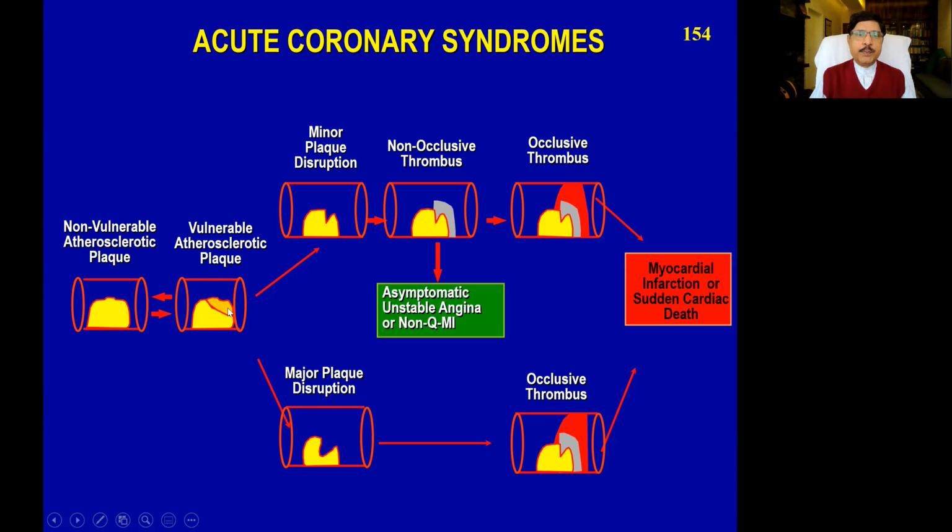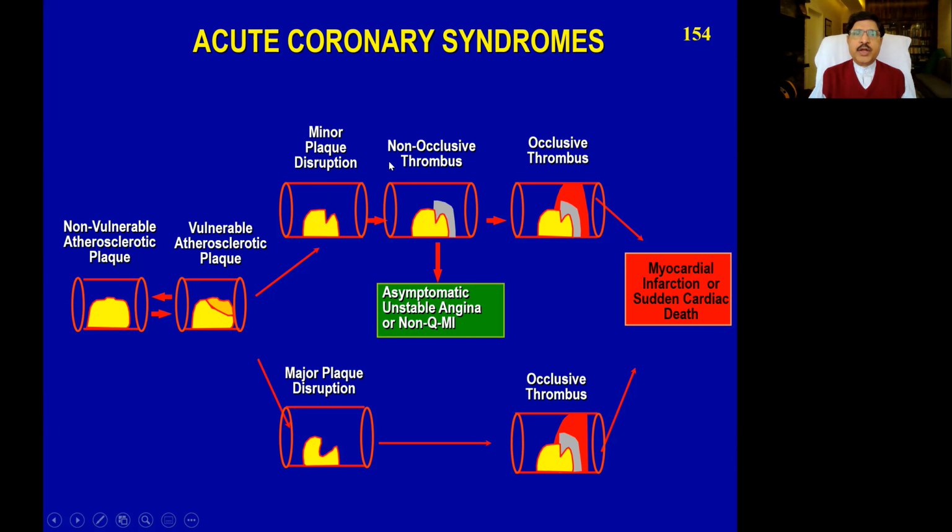So if the plaque opens up, the lipid-rich, inflammatory-rich, chemical-rich material is exposed to the blood, and that is the dent there, a plaque minor disruption, and that incites what is called thrombosis because of the vasoactive substances and the chemotactic cells.